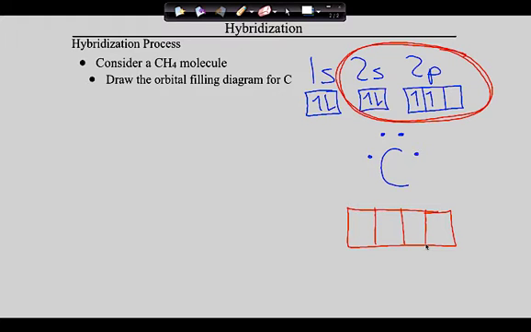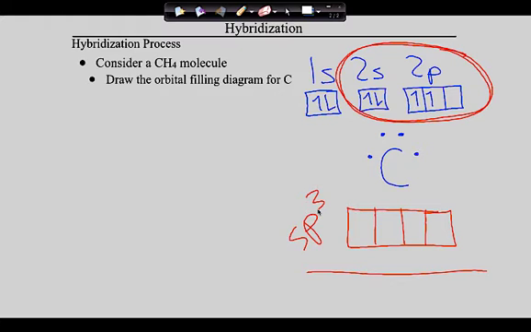But guys, here's the thing that's interesting. Originally, the s is a sphere and the p's are dumbbell shaped, right? After they hybridize, you end up with 4 orbitals and they all look exactly the same. They kind of look like mom, they kind of look like dad, and we call these things sp3 hybrid orbitals.